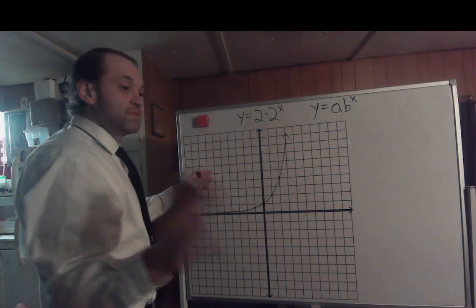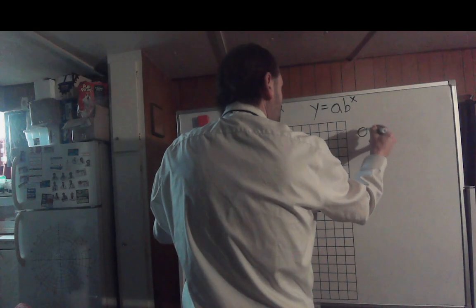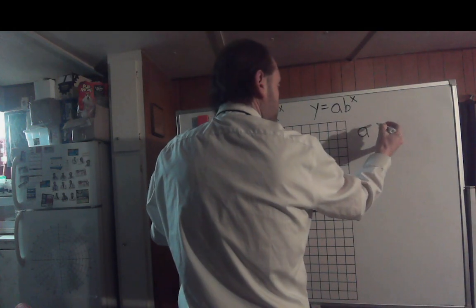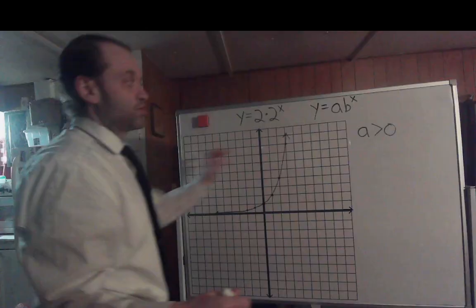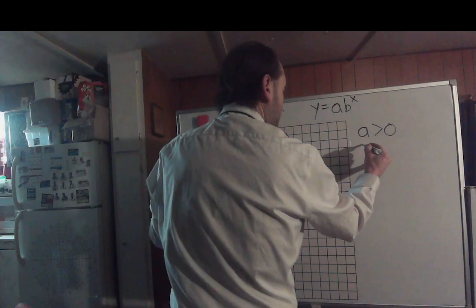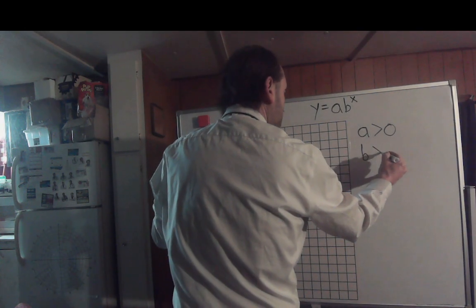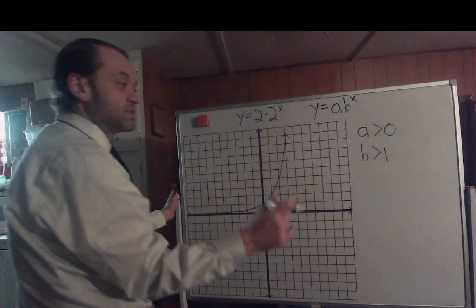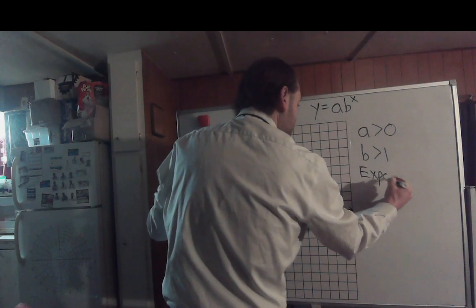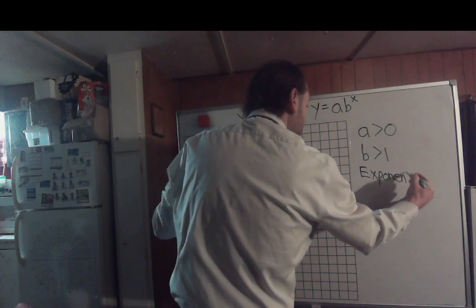And this is the topic of today's lesson: when that a, your factor, is any number greater than 0, and you have your base, which is greater than 1, what we have here is called an exponential growth function.